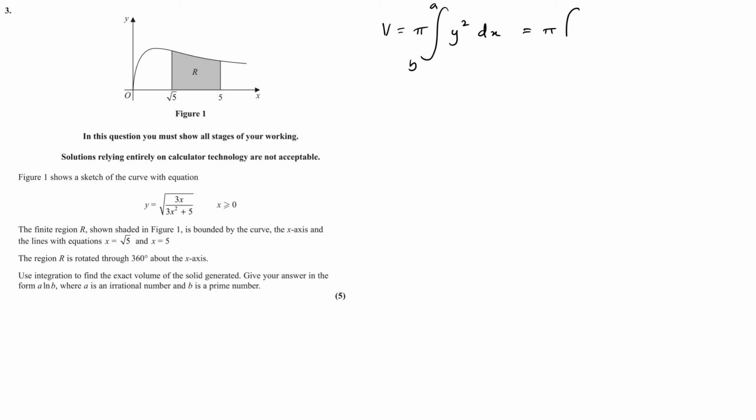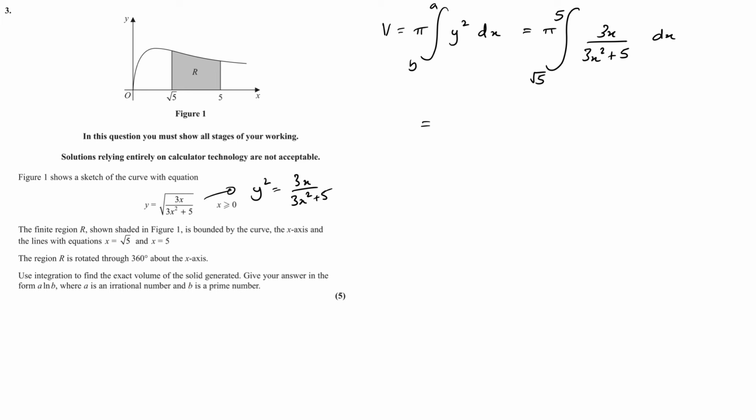So pi times, it's really this squared, so it's just 3x over 3x squared plus 5, and it's between 5 and root 5. Yeah? Just think this y squared is that 3x over 3x squared plus 5. Yeah? And therefore now I just need to integrate this.